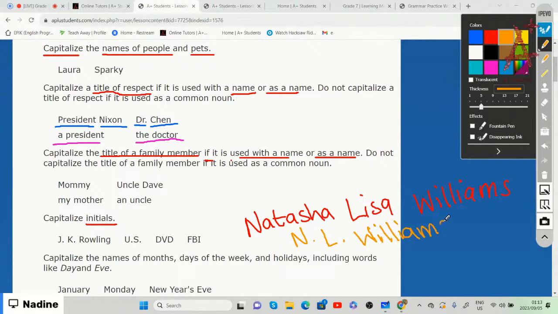So the initials are capitalized. We capitalize the initials.